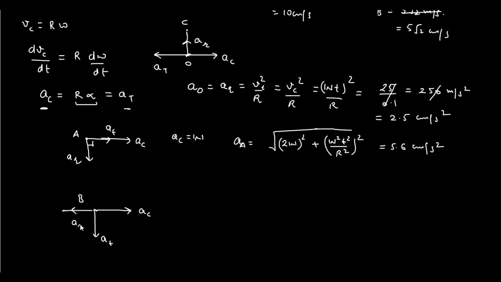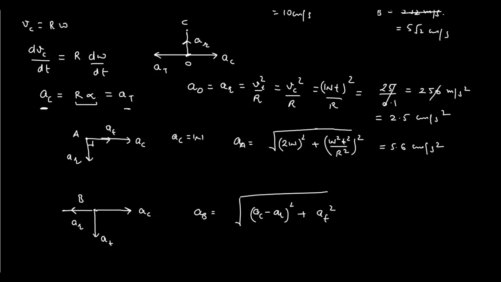So from here we can write the net acceleration of point B as the resultant of these vectors. Here AC is in this direction and AR in this direction, so the resultant of this AC and AR is AC minus AR whole square plus AT square.